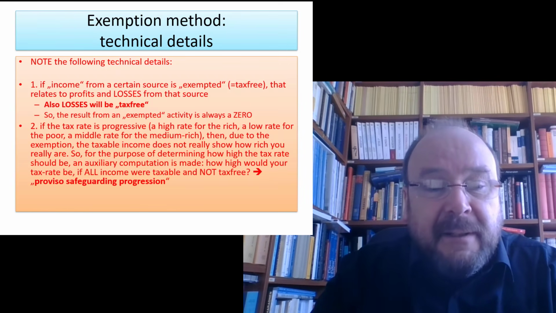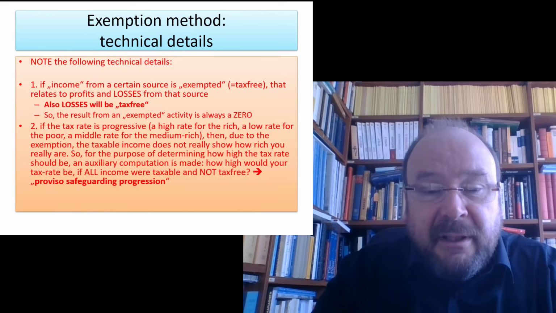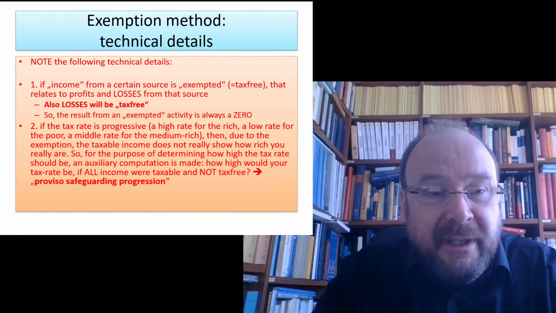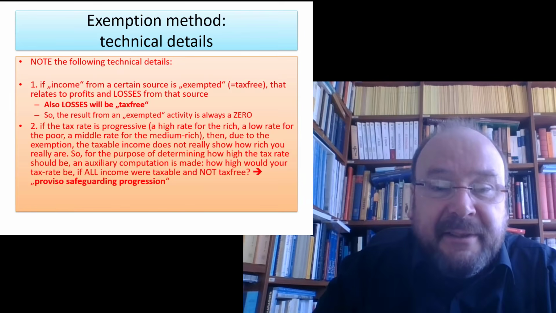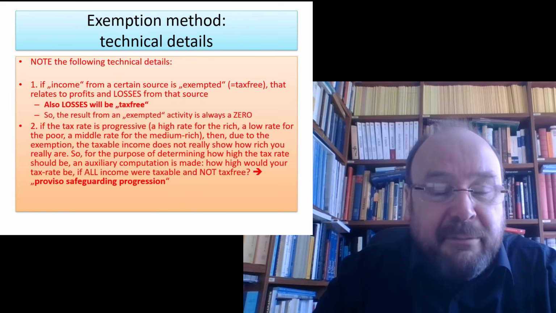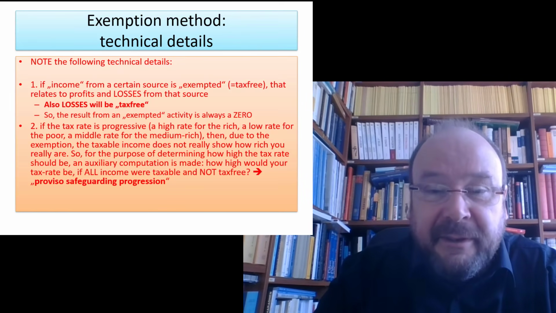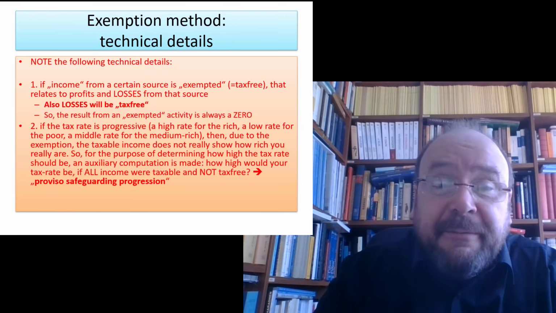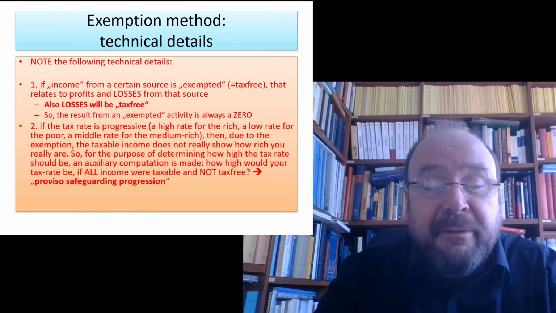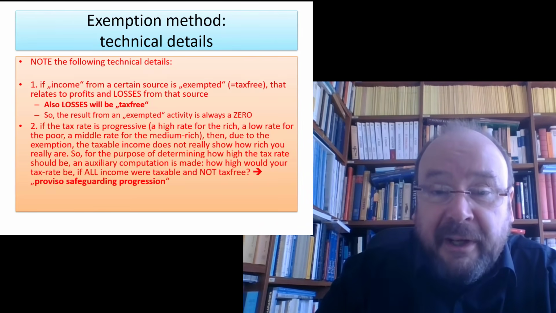That is how you determine how much such a person should pay. And this auxiliary calculation and the rule that you have to determine the appropriate tax rate in cases of exempt or tax-free profits by such an auxiliary calculation, that is usually called the proviso, so the rule, which safeguards the progression, so the proviso safeguarding progression.